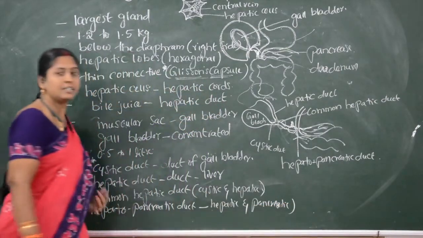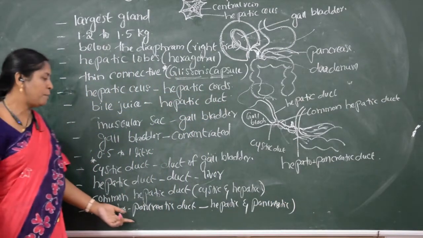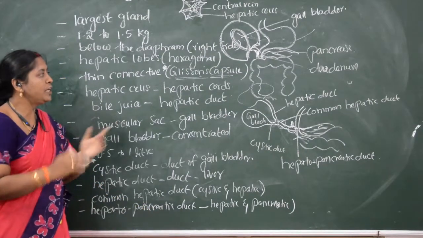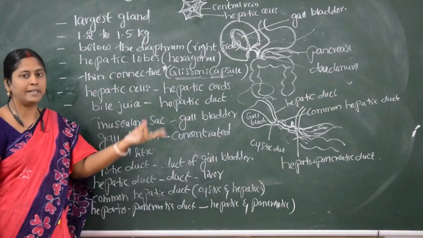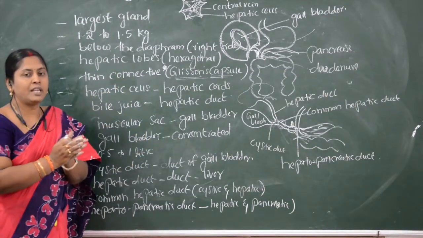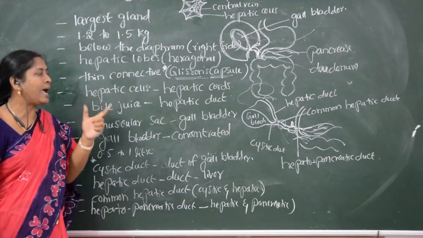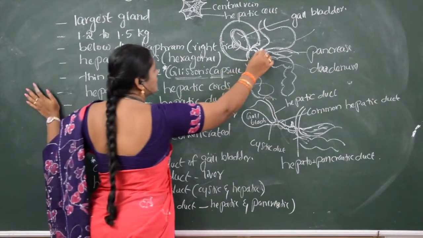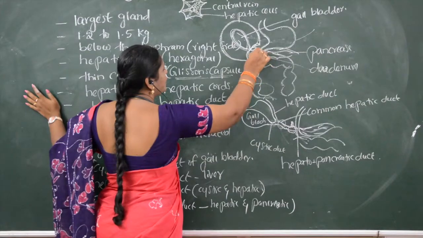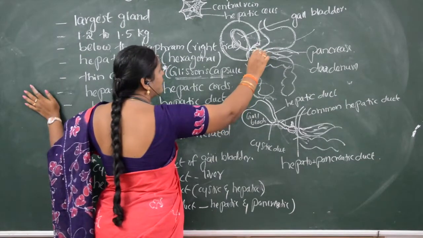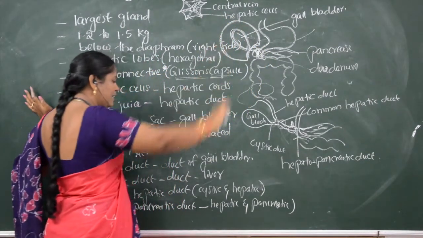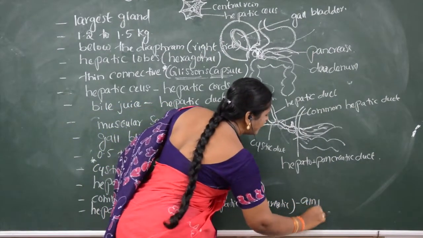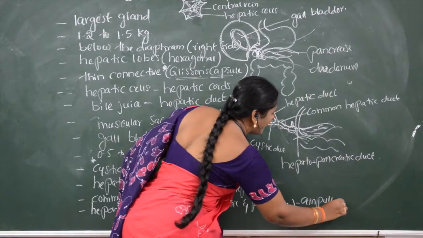So that duct is called the hepatopancreatic duct. Because of the union of these both ducts, a structure is formed where the union of both ducts enters into the duodenum. That structure is called the ampulla.